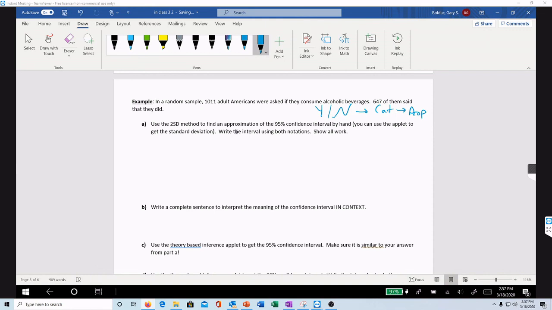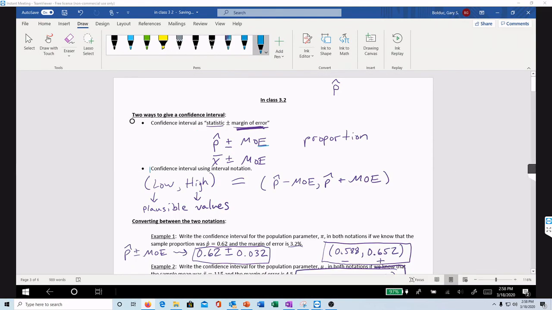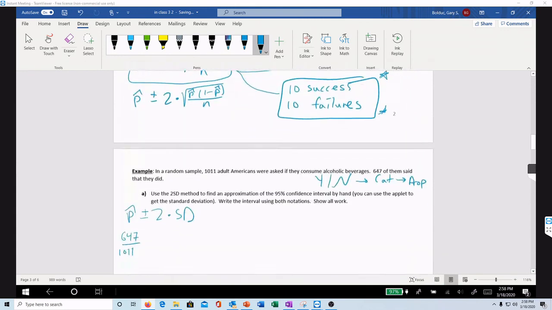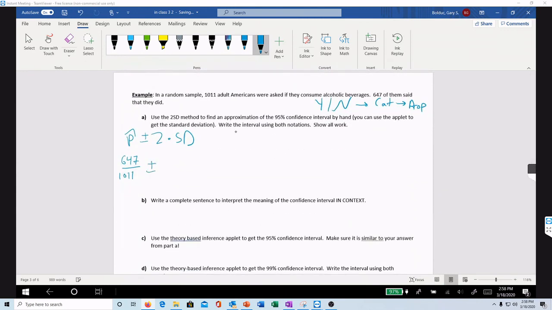So the 2SD method is p hat plus or minus 2 times the standard deviation. So 647 out of the 1011 people, that's my p hat, plus or minus 2 times the standard deviation. In this case, to find the standard deviation, I'm just going to use the applet.